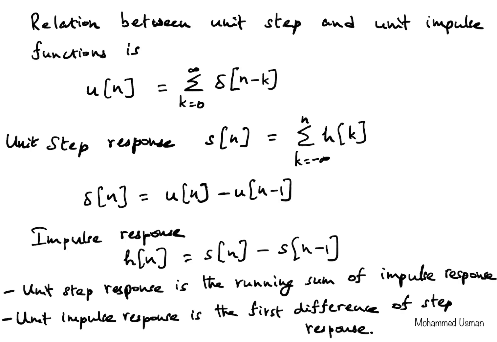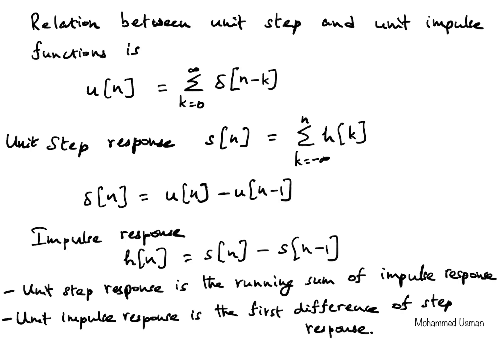Now we can extend these ideas to continuous time as well. So far these relationships are applicable to discrete time. What we have represented here are discrete time systems, or the relations in discrete time. We can extend these ideas to the continuous time case as well.